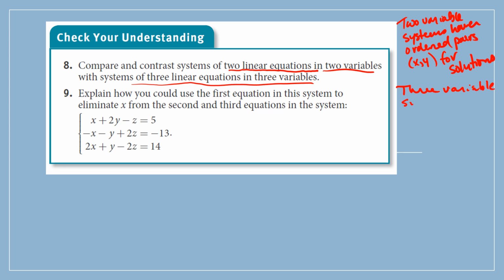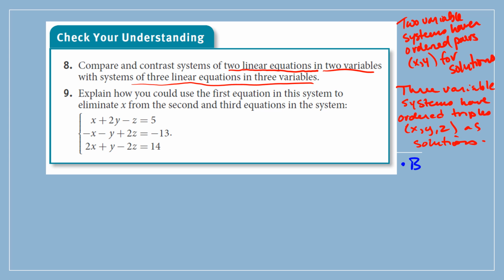Three variable systems have ordered triples. So they come out in x, y, z sets because you're working in three dimensions as solutions. So there's the contrast.